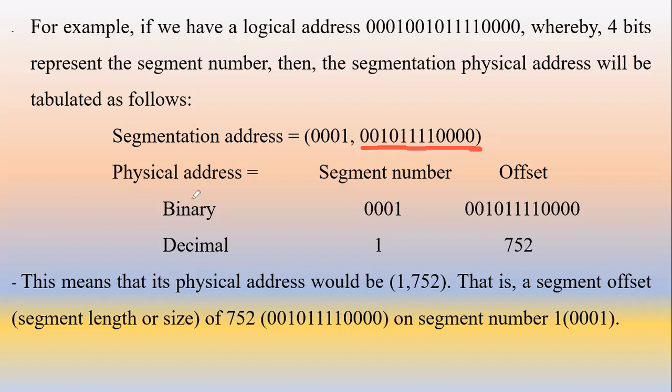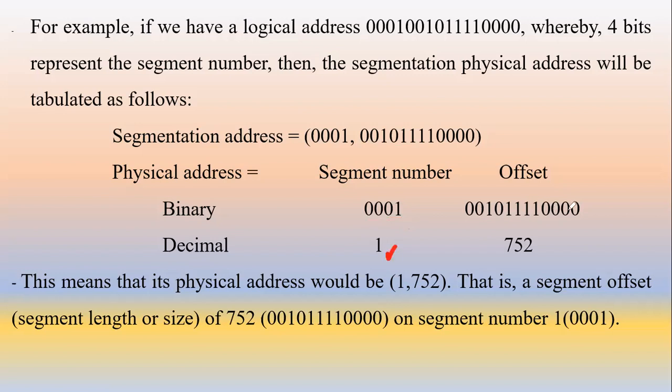So the physical address will be in the form of segment number and offset. So pick the bits that represent the segment section and convert this binary number into its decimal equivalent. When you convert it, you get 1.